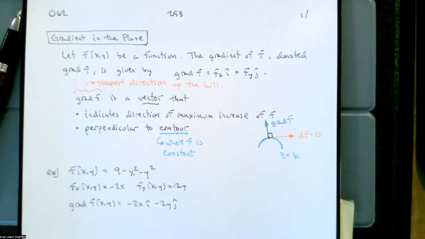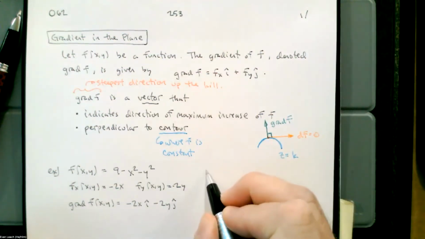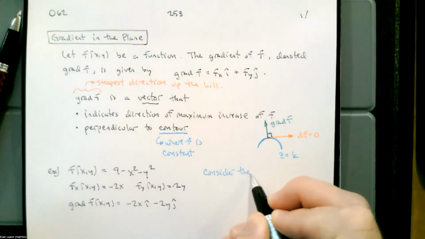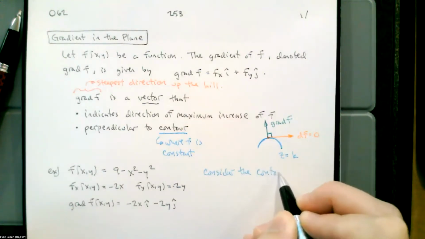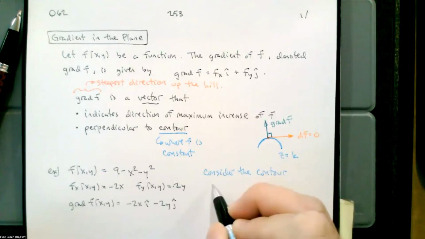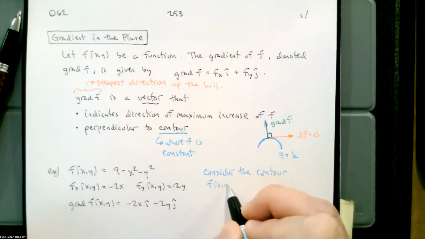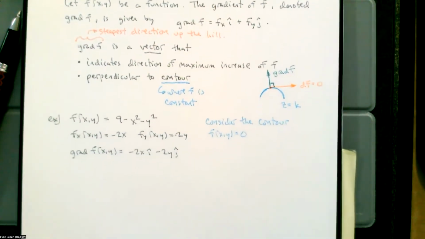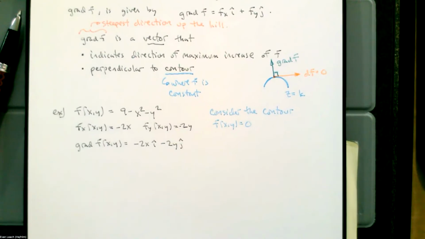Let's pick out a particular contour. A contour where f of x, y is equal to 0.